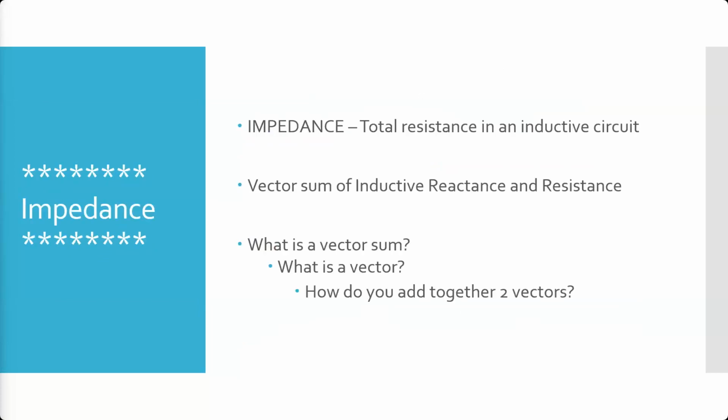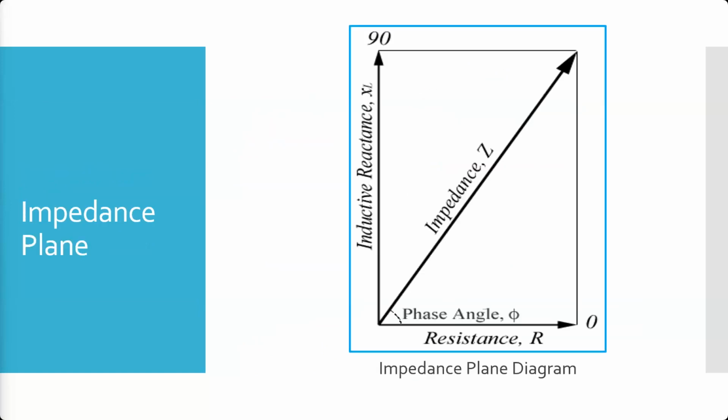So impedance is the total resistance in an inductive circuit. If we add together inductive reactance and resistance, we get our total impedance. Just to look at it visually, here's how we can visualize it on a graph. If we put our resistance down here at the bottom, our inductive reactance being 90 degrees off, we can put it 90 degrees to it.